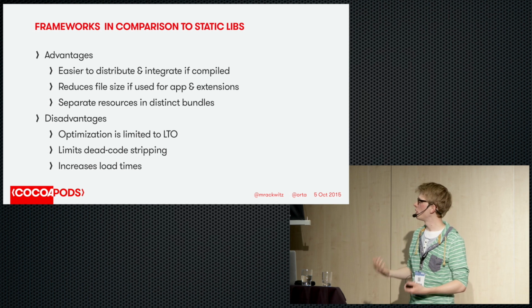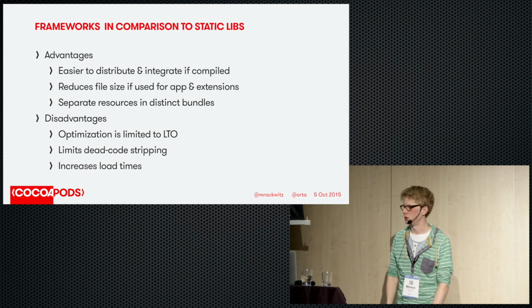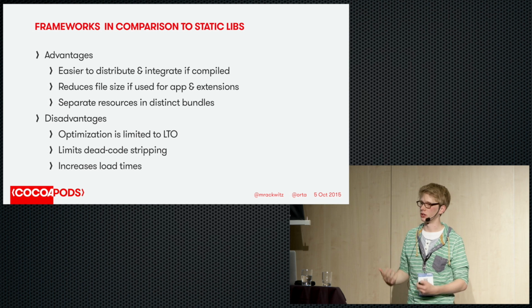Frameworks especially are easier to distribute and integrate into the app once they are built and compiled, because they bring everything together, they allow you to bundle resources, and they have a really separate name scope. Even at runtime you still see the difference when referencing a bundle, for example. You have a really separate name scope.